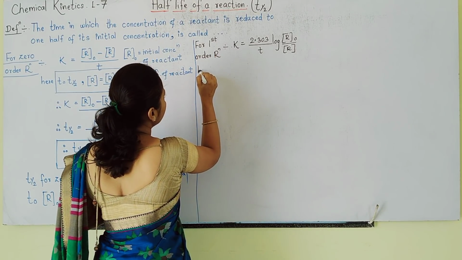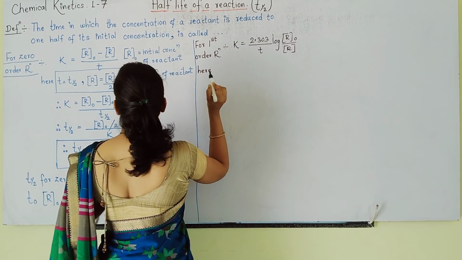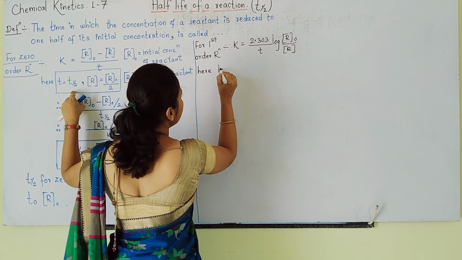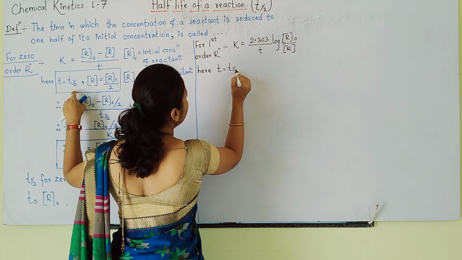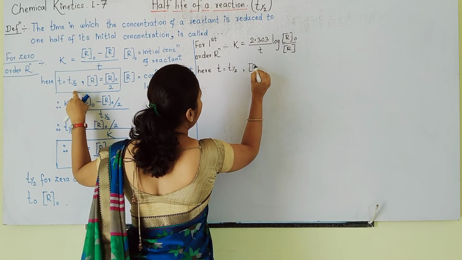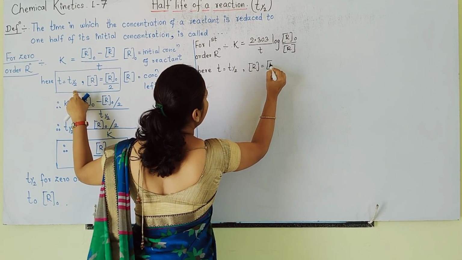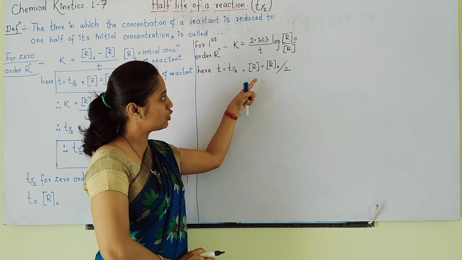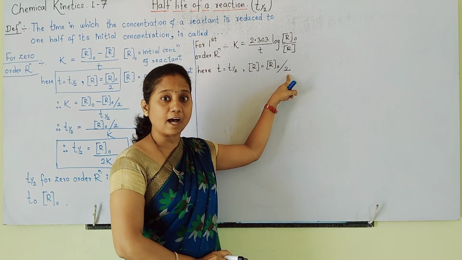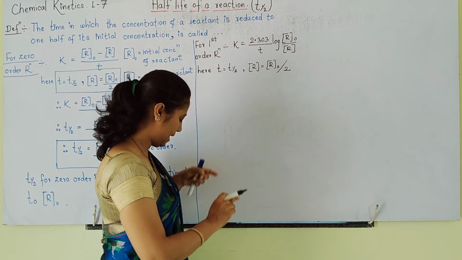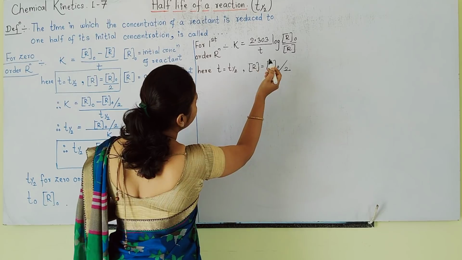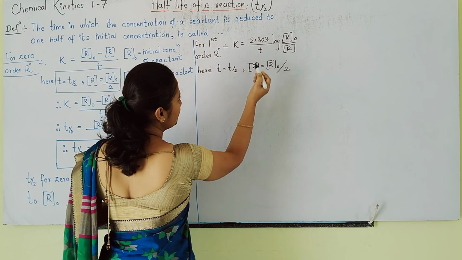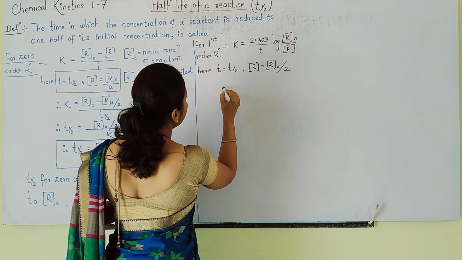Here, for half-life, what changes should we make, students? T is equal to T half, and second, R is nothing but R naught by 2. The initial concentration should become its half. So let us substitute, students, and see what we get.